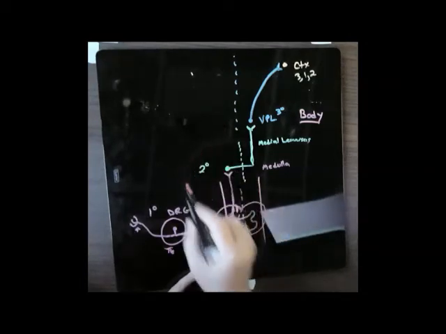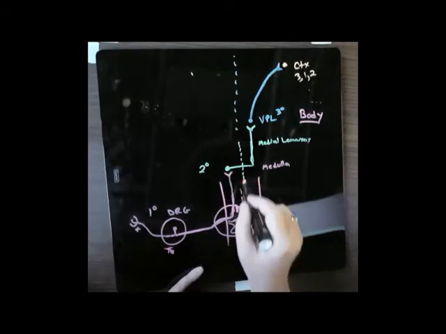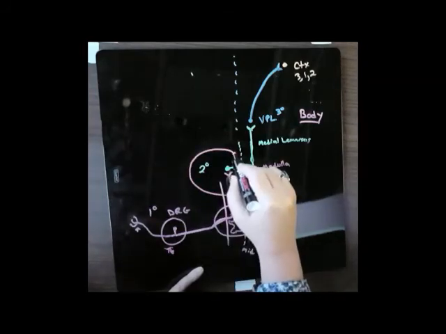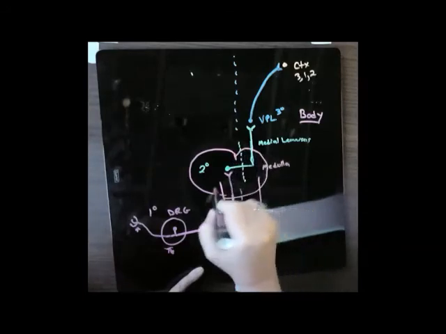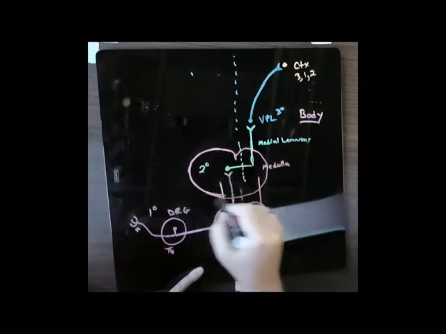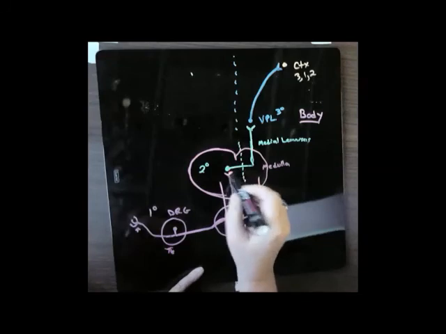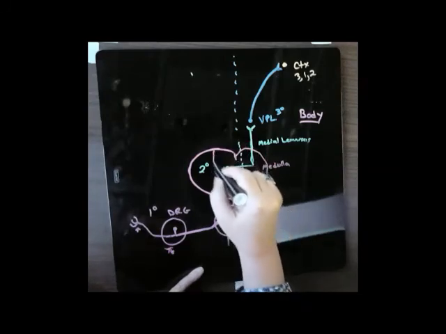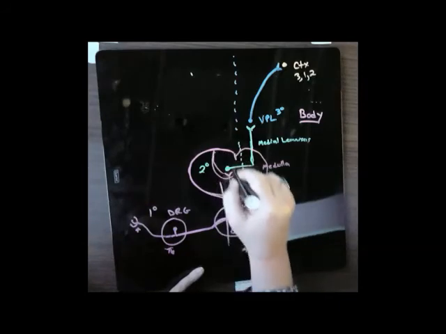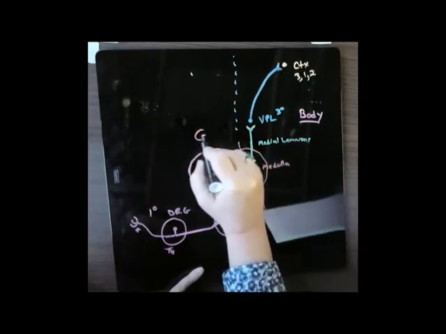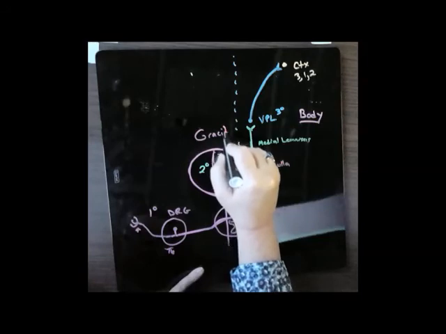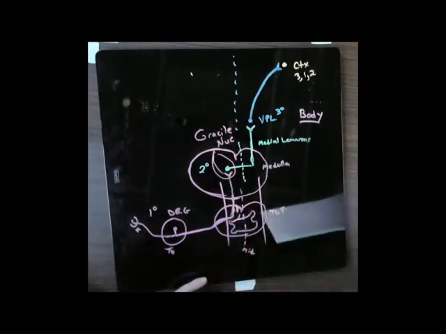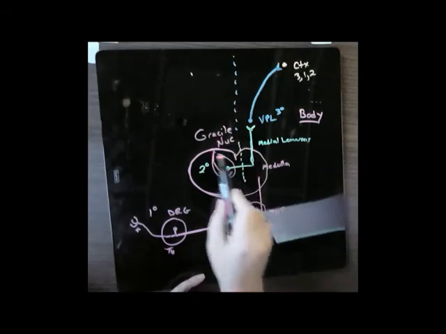Now you'll see the same thing at the level of the medulla. At the level of the medulla, the brainstem is a very round structure. It's my bad drawing here. I drew these a little bit close to the midline, but closer to the midline you will have the gracile nucleus.